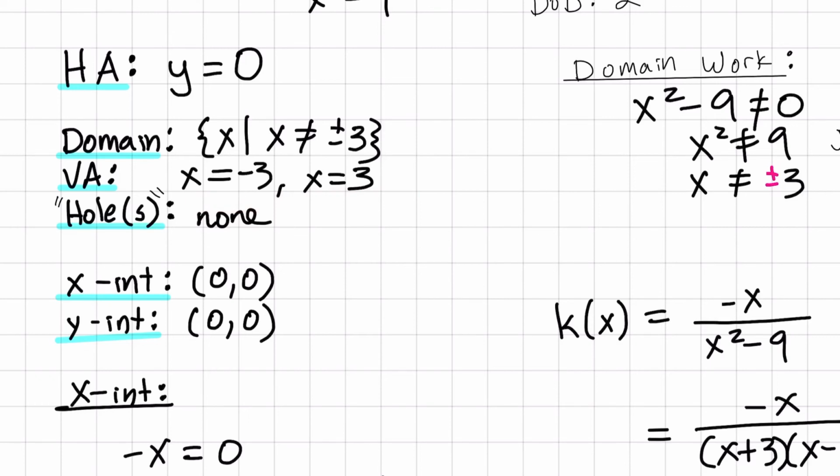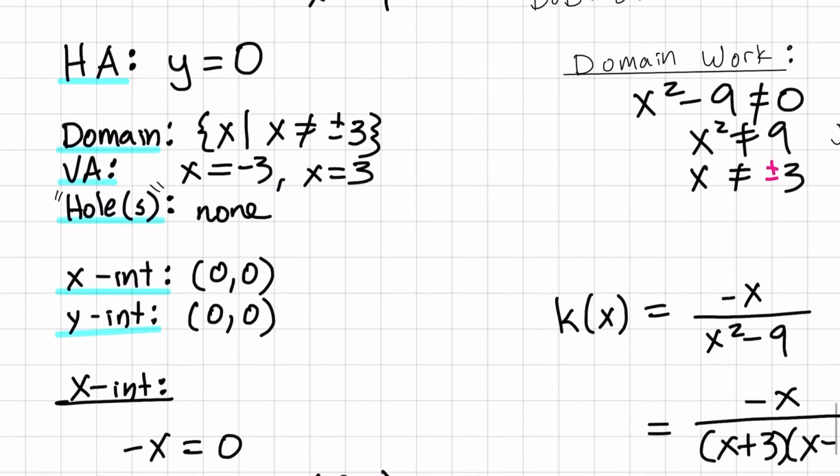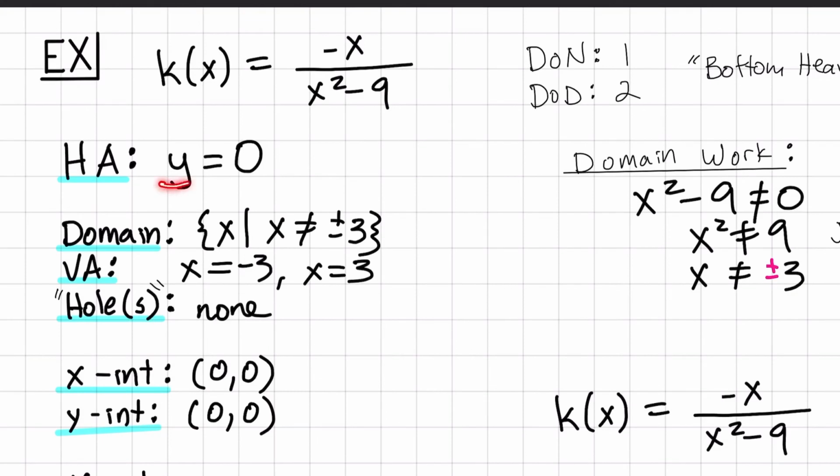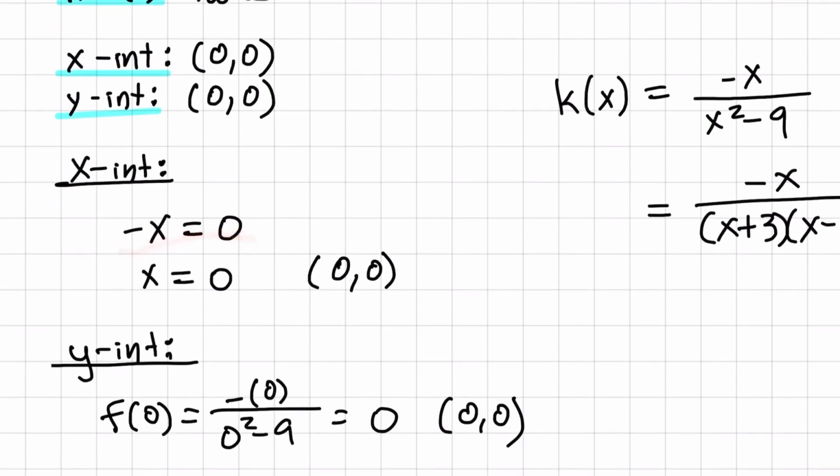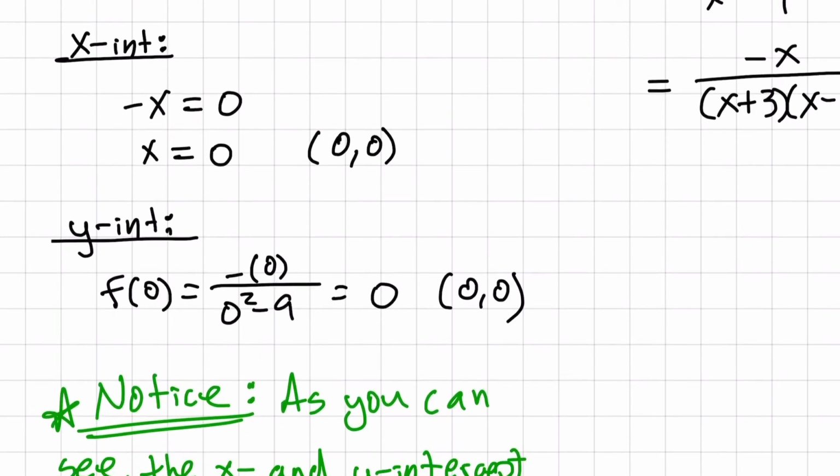All right. Next, x-intercept. So notice what I said a second ago: just because you see y equals 0 does not mean we automatically have no x-intercepts, because we do. So take our negative x and set it equal to 0, multiply both sides by -1, x is 0. So we have an x-intercept at 0, 0, which automatically means we have a y-intercept at 0, 0, but let's just check nonetheless.